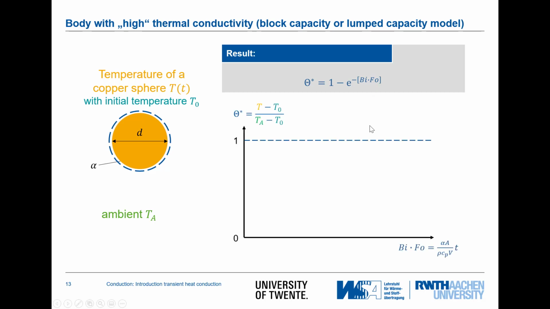So the entire problem that we have pointed out, this block capacity model, will yield a unifying differential equation, or a unifying solution, which then describes the temperature changing from 0 to 1 over time, and the time scale here is the combination of the dimensionless numbers Biot and Fourier.